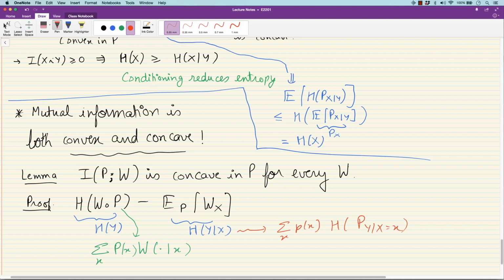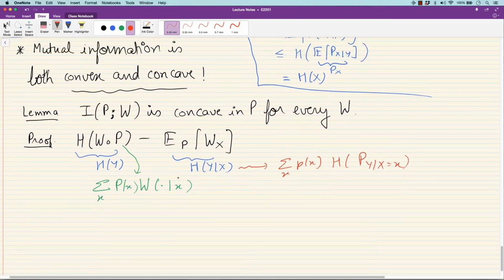So this entire thing is concave, this is a concave function of a linear function, therefore this is also concave, and a sum of two concave functions is concave. These are the three steps by which it follows that I(P, W) is a concave function of P. You can fill in the details. So this is a rough proof.